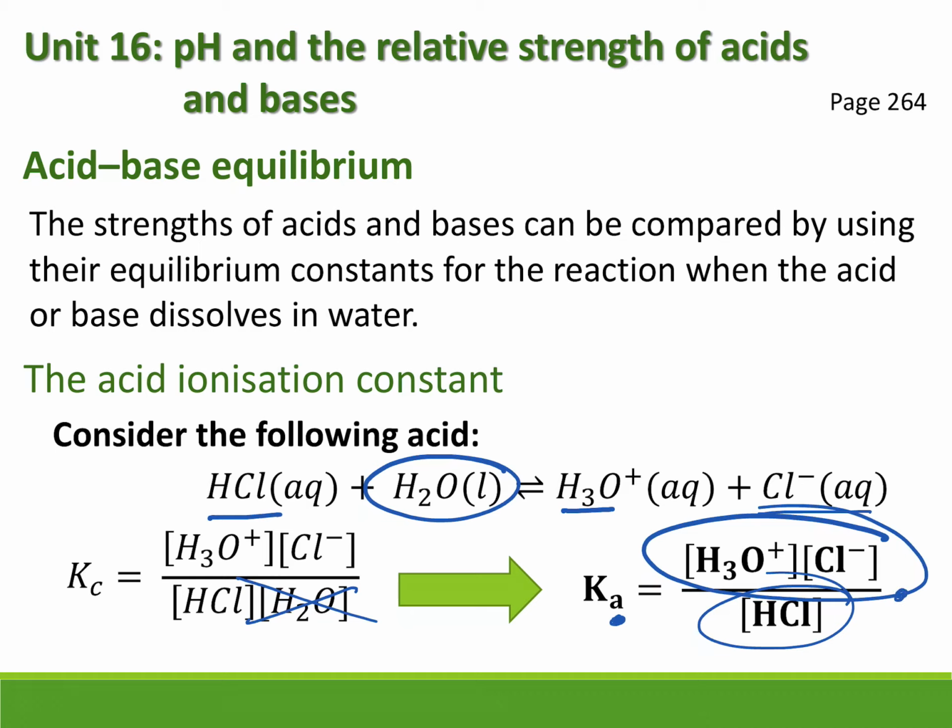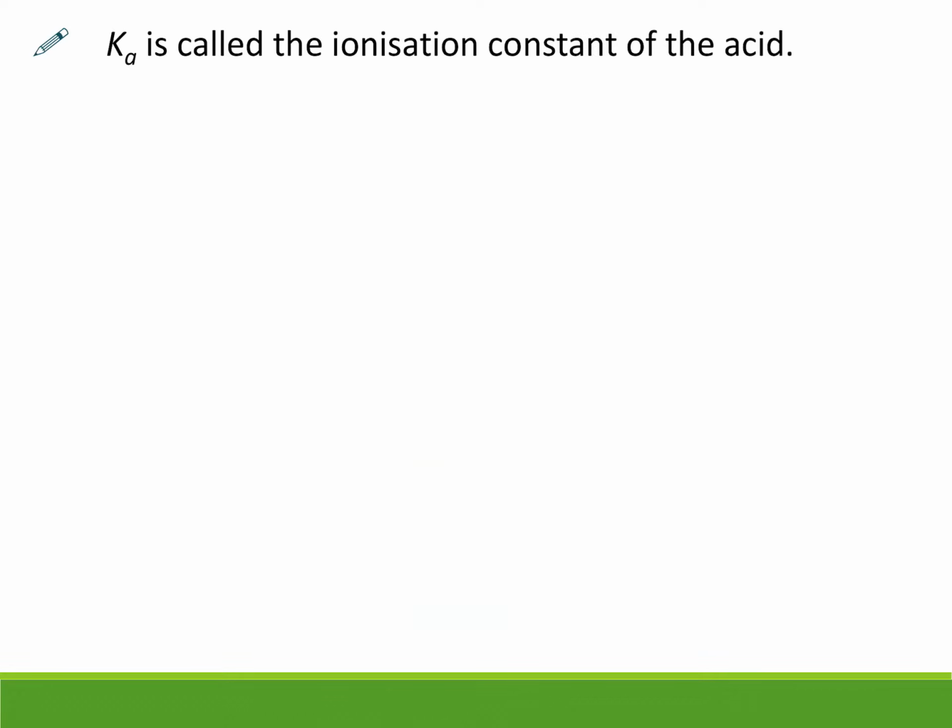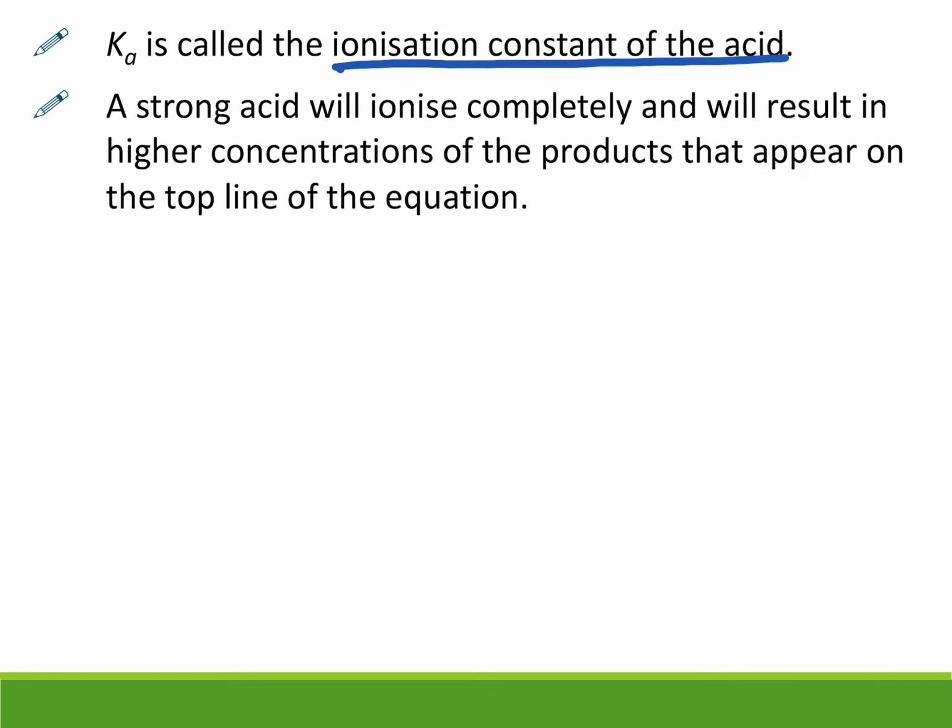Obviously, the size of this value is going to determine whether we have a strong acid or a weak acid, remembering what our definitions are. So remember, first of all, the Ka, this is new. The Ka is called the ionization constant for an acid. It's the equilibrium constant. A strong acid ionizes completely, or close to completely.